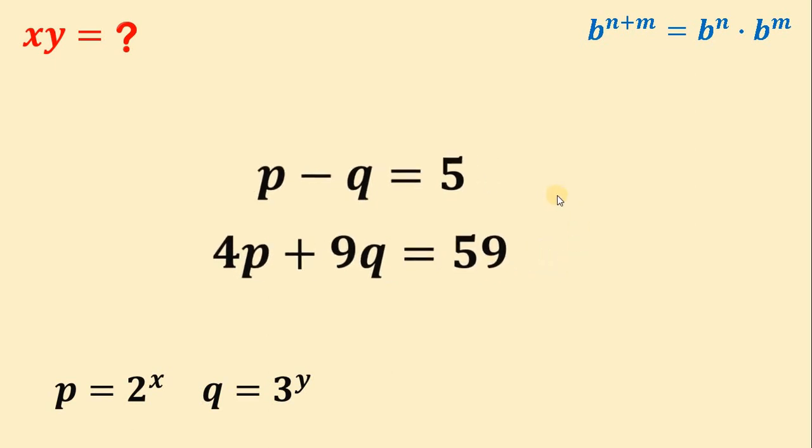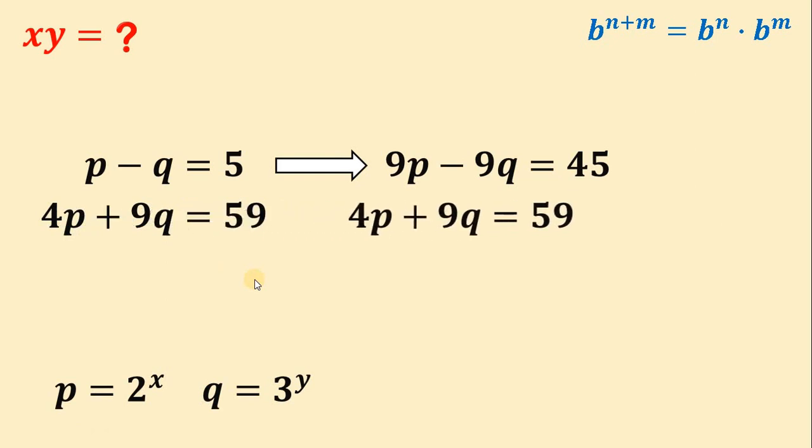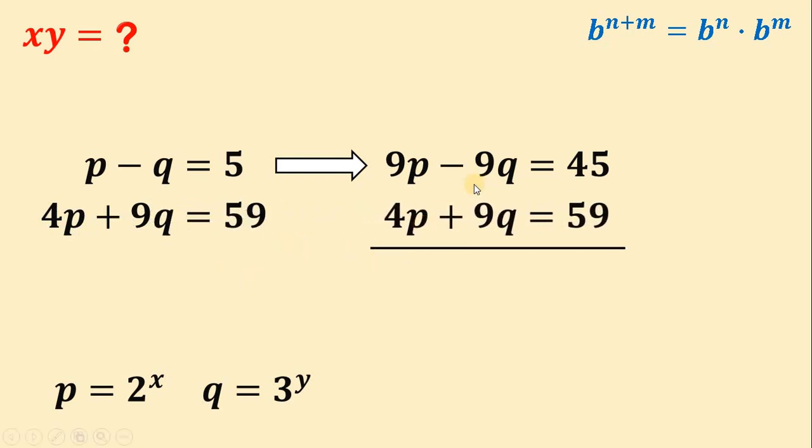Now, we can solve this using a lot of methods, but I will use the elimination method. So, first thing to do is to multiply the first equation by 9. The reason is we have negative q and we have positive 9q. So if we multiply the first equation by 9, this will give us 9p − 9q = 45. Now let's get the second equation. And take note, when we add these two equations, we can cancel out negative 9q and positive 9q.